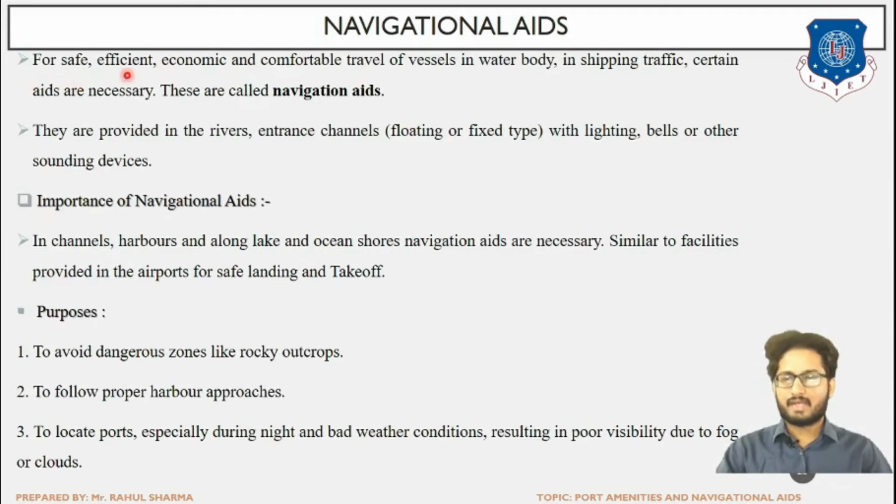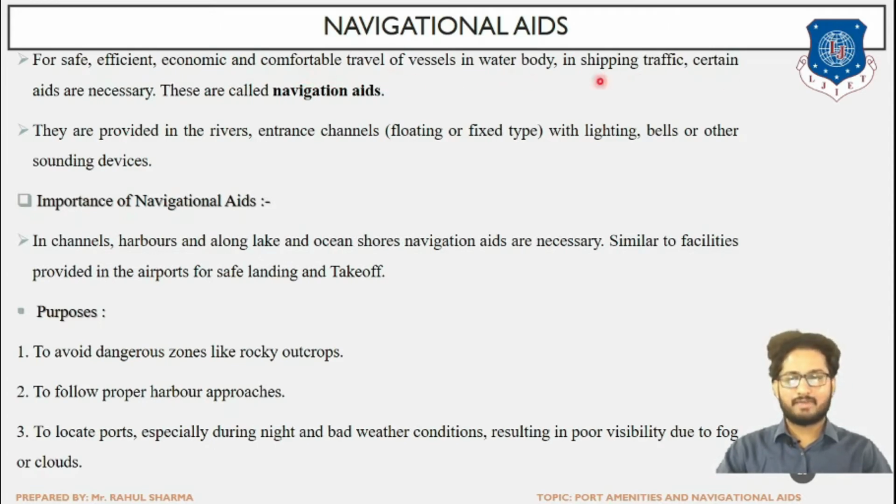For safe, efficient, economic and comfortable travel of vessels. So to make sure that there is no accident, the efficiency of the movement is there, economy at the time of movement, and there is comfort for the ship in the water body.